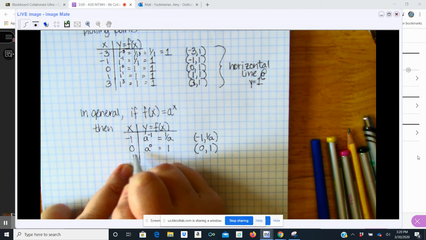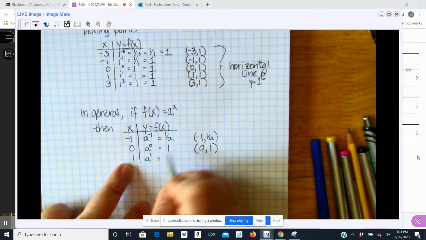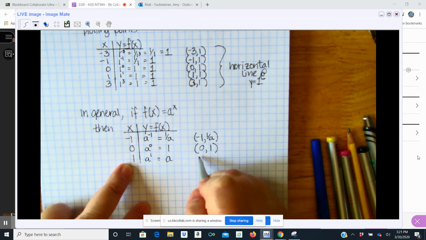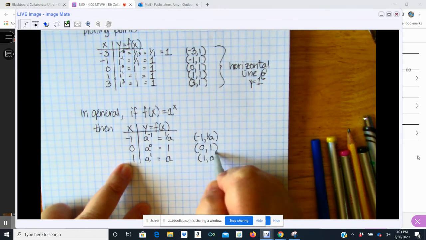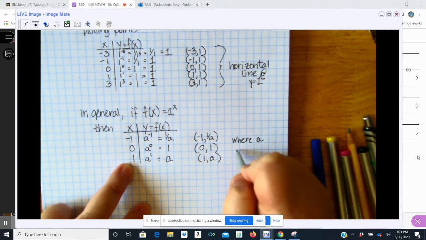If I let my x value equal 1, I will have a to the first, and this gives me a. So I will also have a point at 1, a, where a is the base.